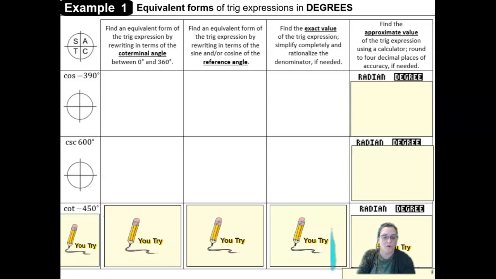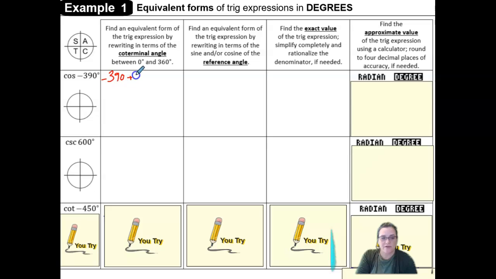In example 1, we're working in degrees, and we want to evaluate the cosine of negative 390 degrees. So we're going to start by finding an equivalent trig expression in terms of the coterminal angle between 0 and 360. So negative 390 is more than one lap in the clockwise direction around the circle.